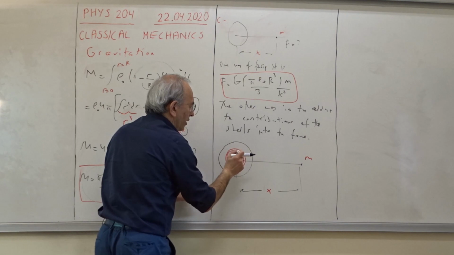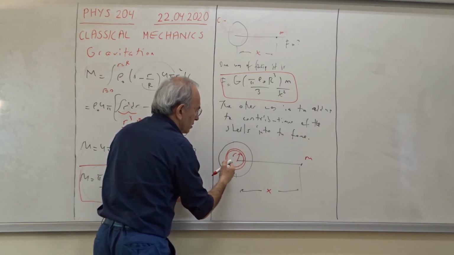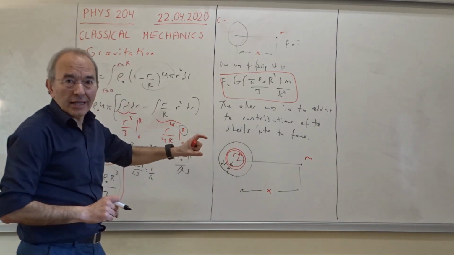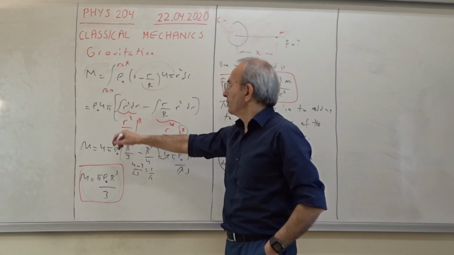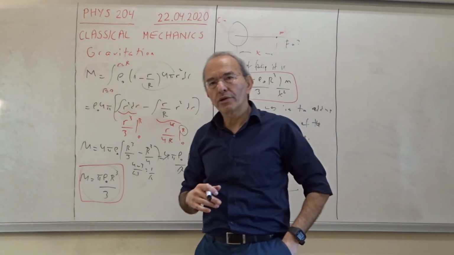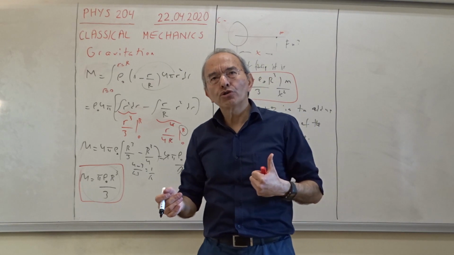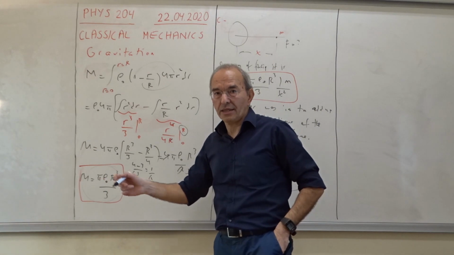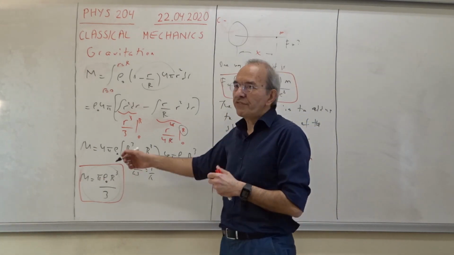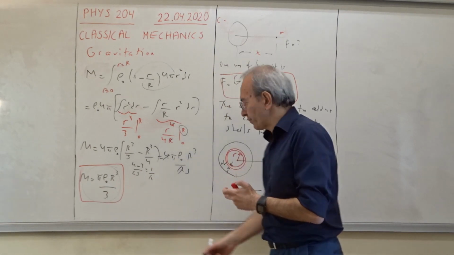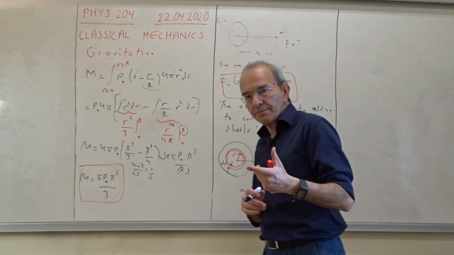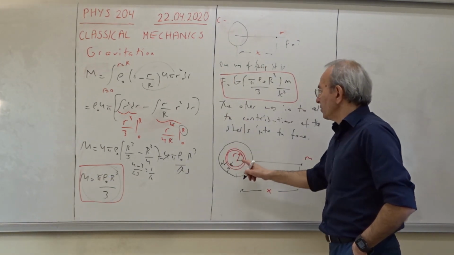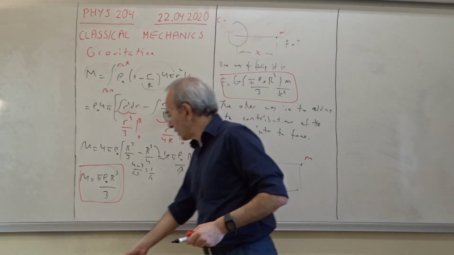This has radius r, and it has a thickness dr. Just this shell, having a certain density, rho 0 times 1 minus r over R, creates a certain force on the little particle. If you add up all these things, you should get the same result. And let us, by the way, check the validity of the result we have found. If they give the same result, then we have done it correctly. We should consider the contributions separately as an integration.